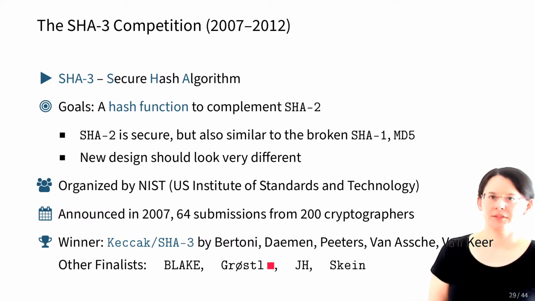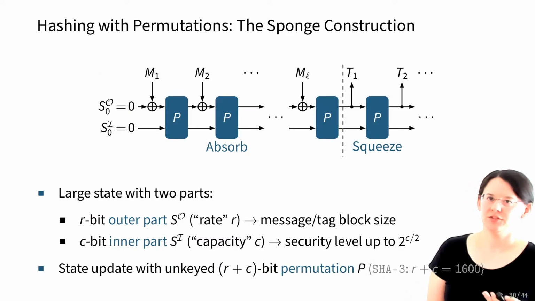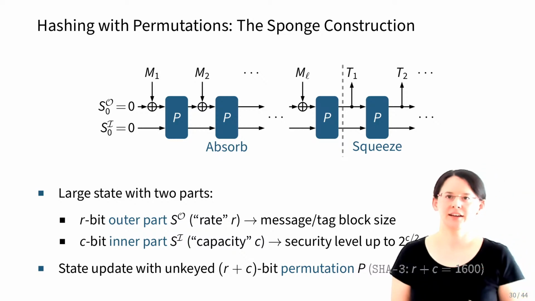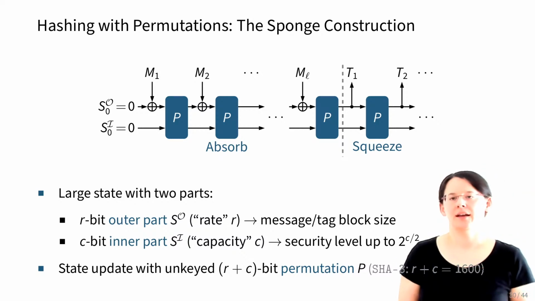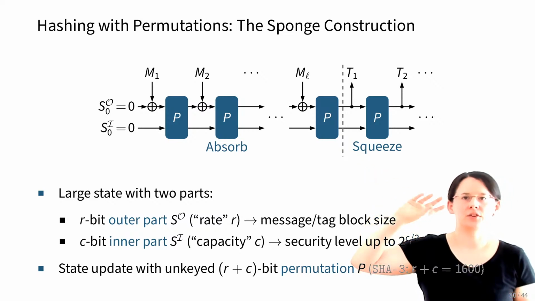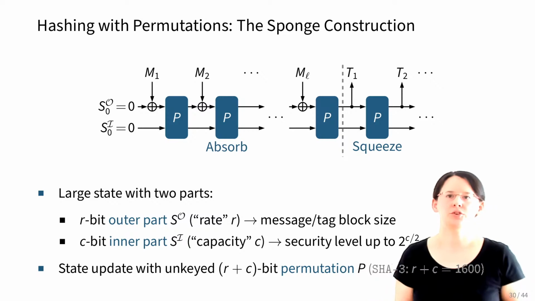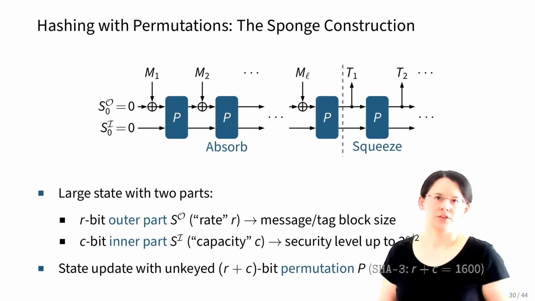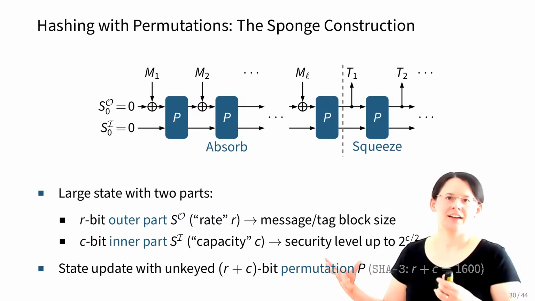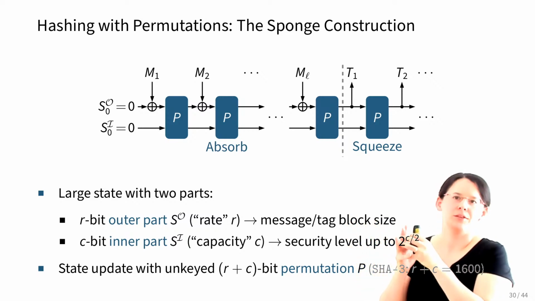What's interesting about this Keccak or SHA-3 design is that it does not follow the Merkle-Damgård strategy that we saw earlier. Instead, it does not have a compression function inside, it has a permutation, which is illustrated here, called P. The construction they use it in was newly introduced, and it's called the sponge construction. A sponge, or in German Schwamm, is something that can absorb a lot of water, and then you can squeeze it and get the water back out.